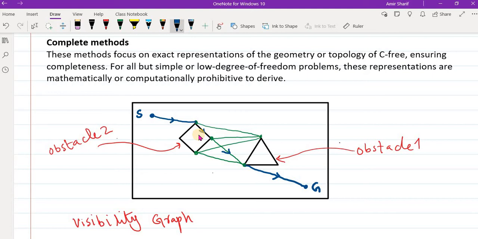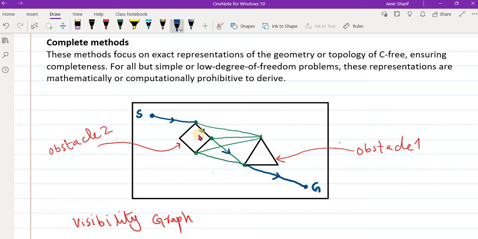You see that the more edges an obstacle has, the more complex this visibility graph will become, and the more obstacles you have in the environment, the more computationally expensive this method will become.